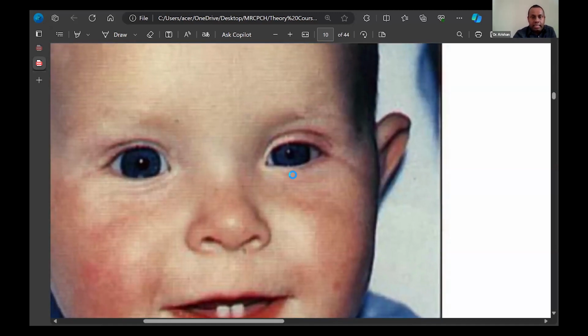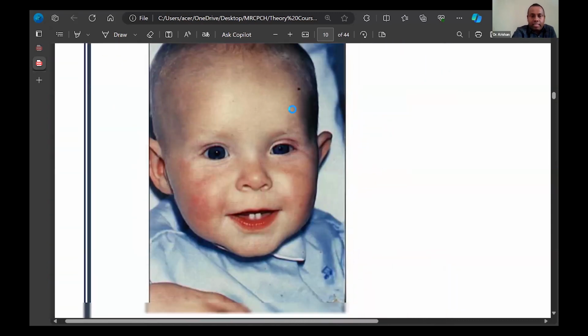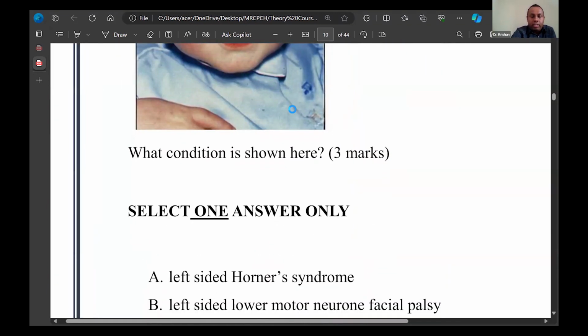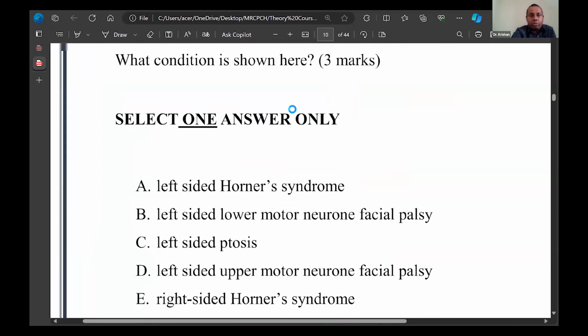I don't know whether you can see this child's pupil. You see the left-sided pupil is slightly smaller than the right side. So there is miosis, and then there is this partial ptosis, and anhidrosis is not something that we can see in this picture, right? So what is the likely diagnosis?